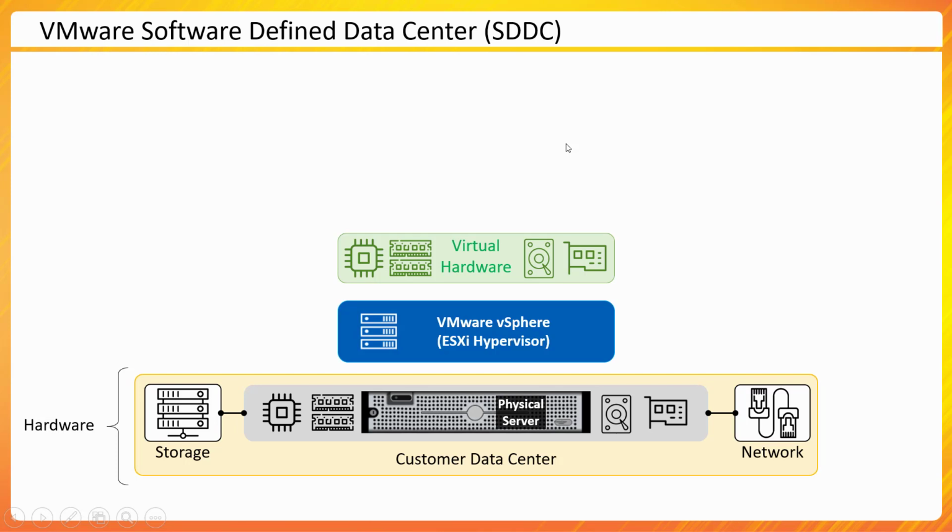And once this virtual hardware is there, which is basically a software implementation of physical hardware, you could install a virtual machine on it, and that virtual machine would be accessing these physical resources, but not directly. Your request for a CPU will be fulfilled by vSphere by talking to the physical server.